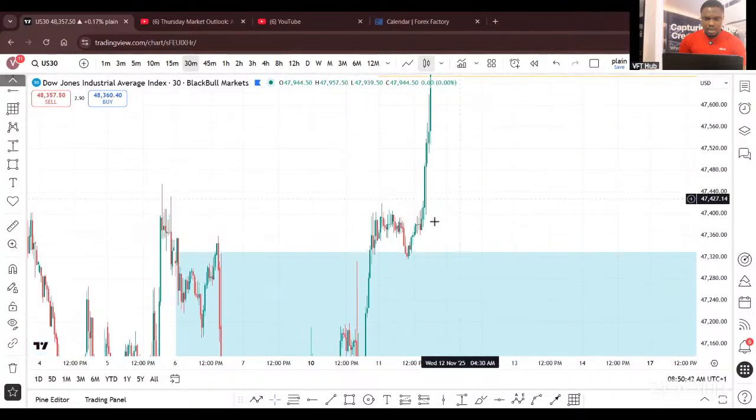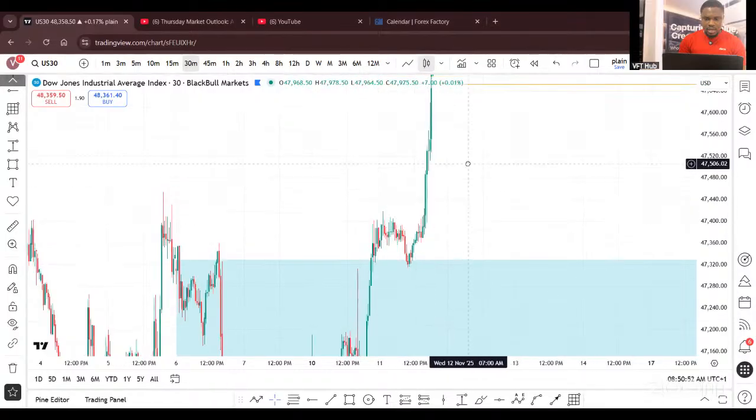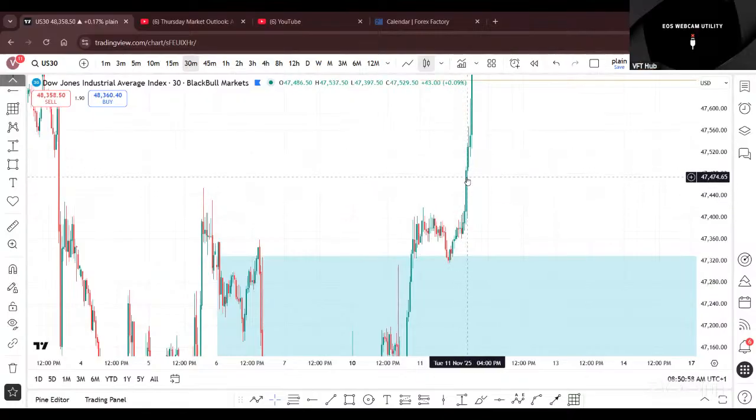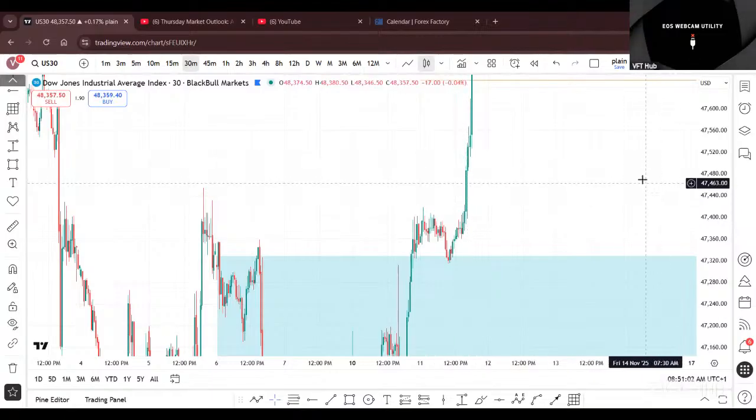I wasn't on the chart, but immediately I see this kind of price action, I would have set my pending order from here and then allowed the market to move, because this was already an announcement that we are ready to fly to the upside. This move here, right? But then I would say I missed that.